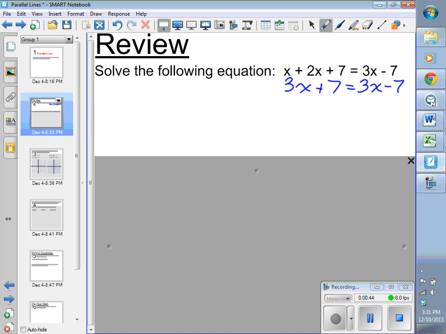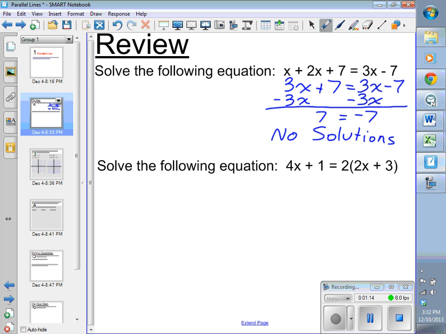If I subtract 3x from both sides, I'm left with 0. Well, we don't need to write that 0, so we'll take that out. So I'm left with 7 on one side and negative 7 on the other side. From our previous work, we know that this is no solutions. All right, moving on.